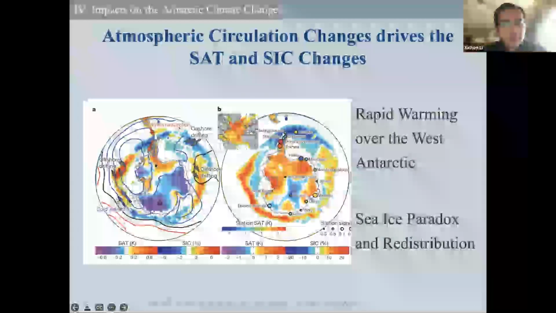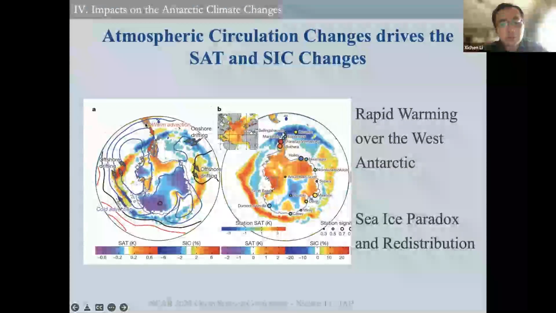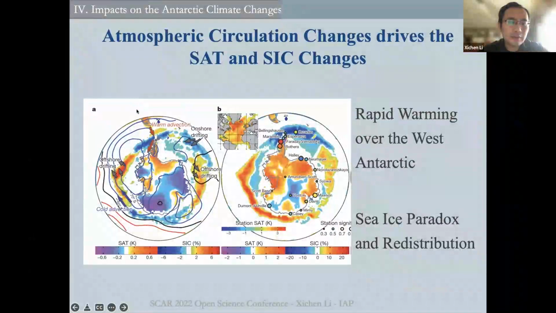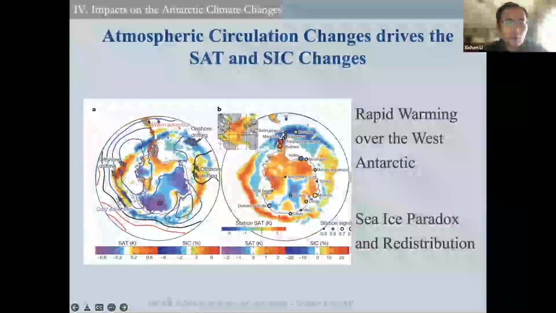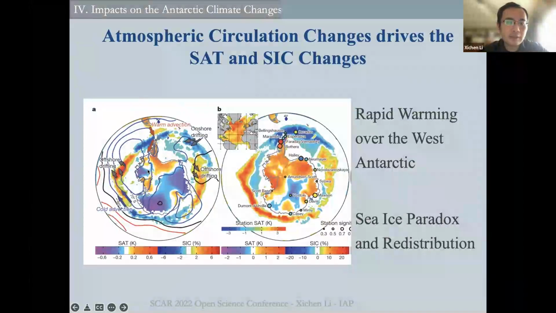And this clockwise circulation will lead to a warm advection from the Southern Ocean and South America to the peninsula and part of the West Antarctica. It can help to heat the peninsula and the West Antarctica. But meanwhile, it transported a lot of very cold air from the inland Antarctica to the coastal area of the East Antarctica. It cools the East Antarctica. It agrees well with what we observed in the past several decades.